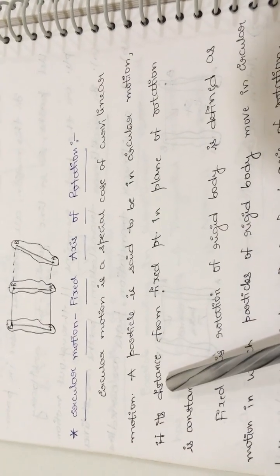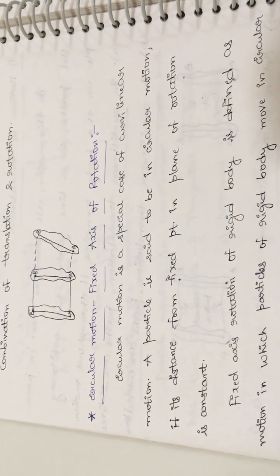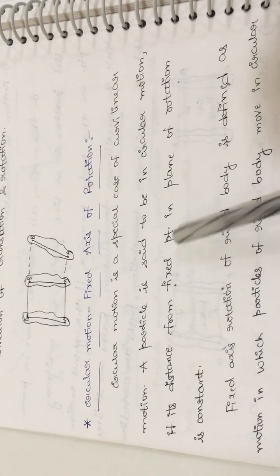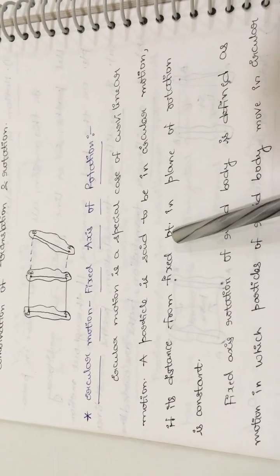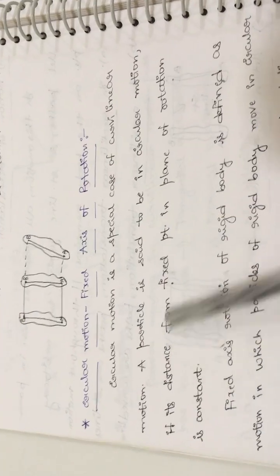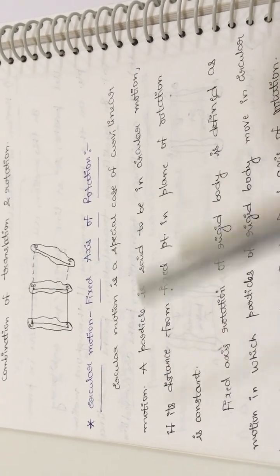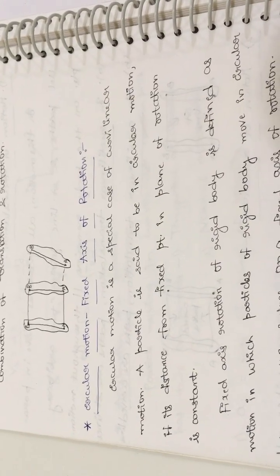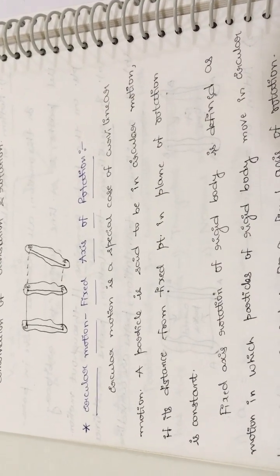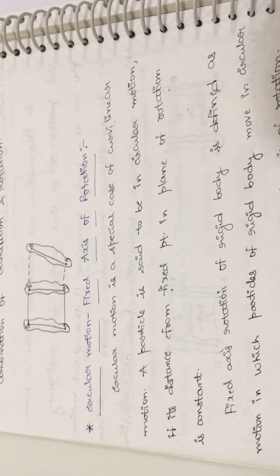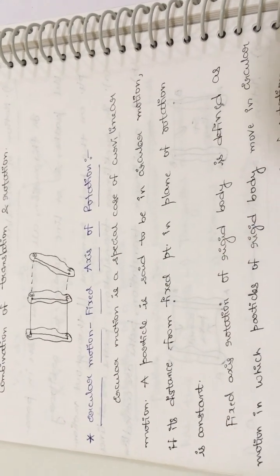Distance is nothing but the radius of that circular path from the fixed point, and the fixed point is nothing but the center point. So the r value in the plane of rotation is constant. Whenever that radius value from the fixed point in a circular path is constant, then we can say that the particle is in circular motion.